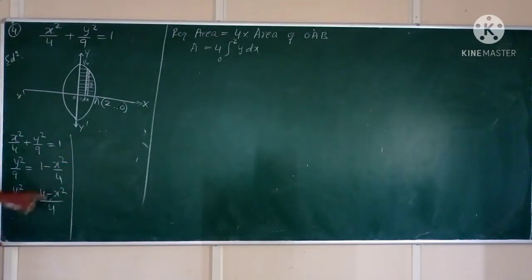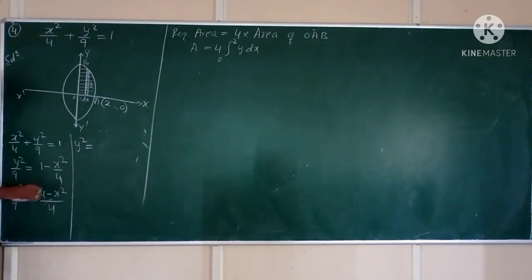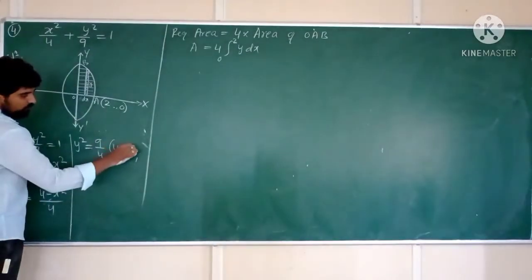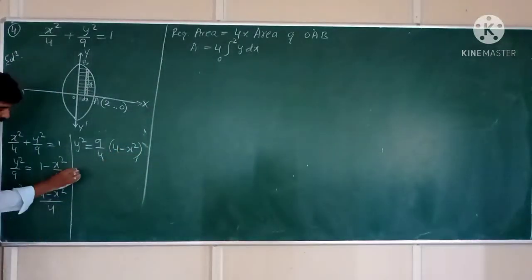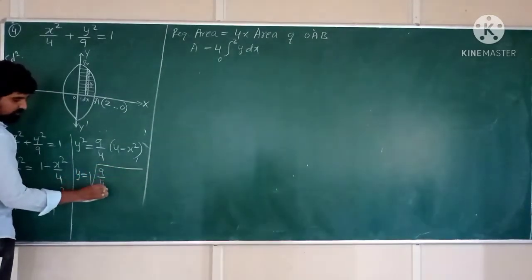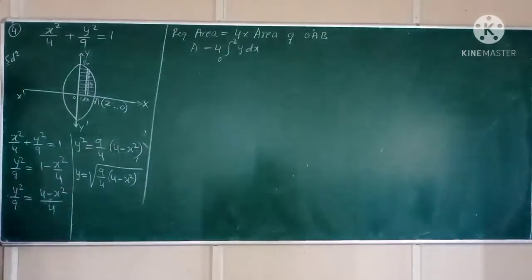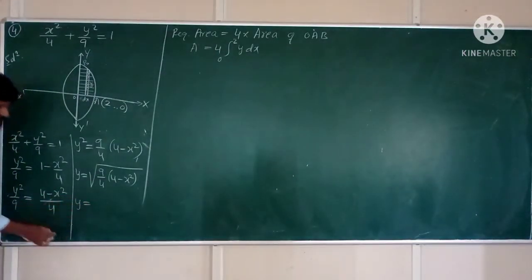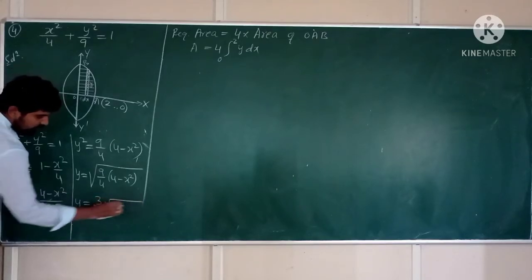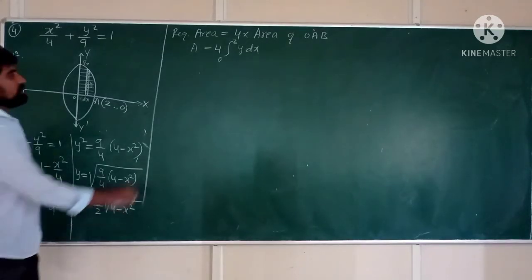Now shift this 9 towards the right hand side. It becomes y square is equal to 9 by 4 into 4 minus x square. Hence the value of y is equal to the square root of 9 by 4 into 4 minus x square. So y is equal to 3 by 2 into the square root of 4 minus x square. I hope all of you understand.